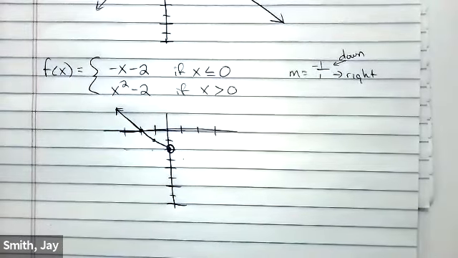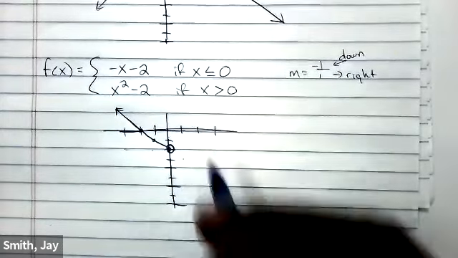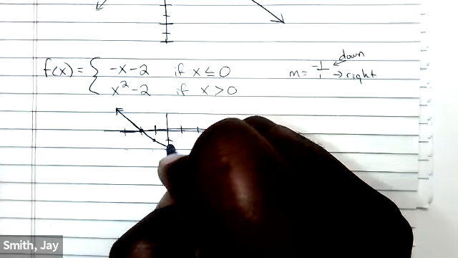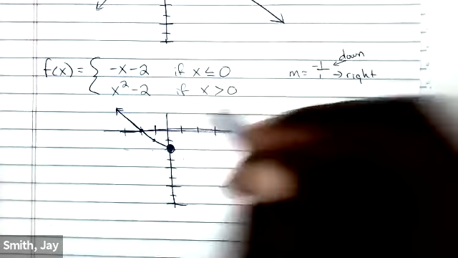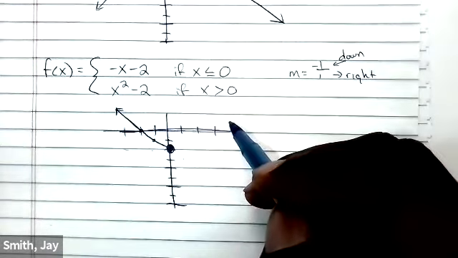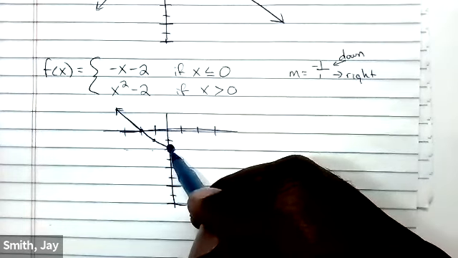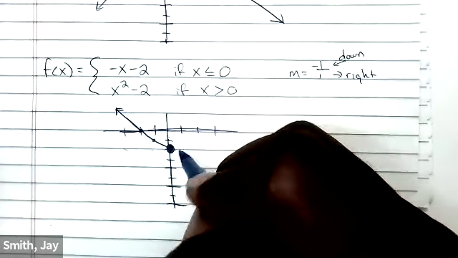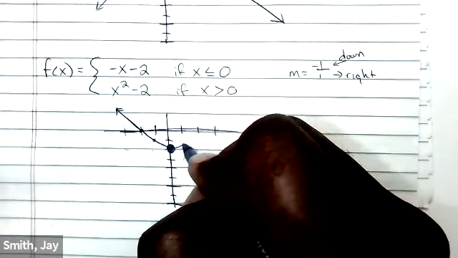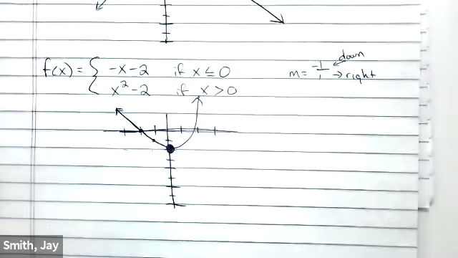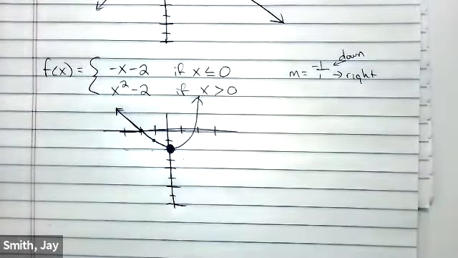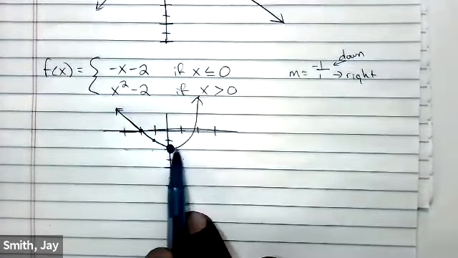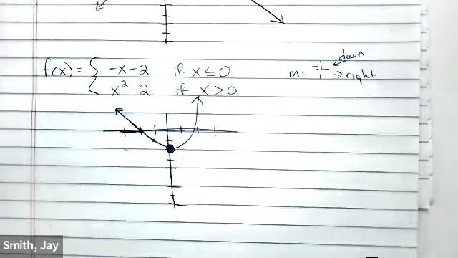And for the second part, x squared minus 2, we can use a graphing calculator. That's going to give me a parabola. It goes through the ordered pair 0, negative 2. So that's going to go right where that open circle was. I'm sorry, actually it should have been a closed circle from the beginning because of the or equal to. But nonetheless, because this second part of my piecewise defined function is a parabola, it's going to be that U-shaped graph for everything greater than 0.